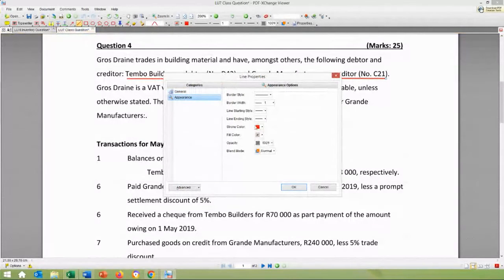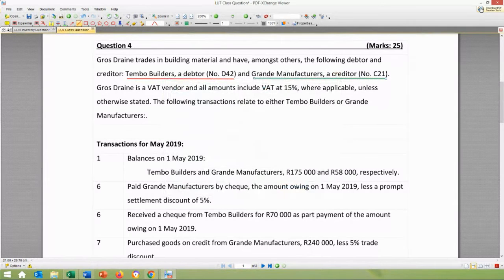Let me just change the appearance so that we work with 2 colors so that you can clearly see what's your debtors and what's your creditors. Okay, we are a VAT vendor and all amounts include VAT at 15% where applicable unless otherwise stated. So we know all amounts are inclusive of VAT unless they specifically state otherwise.